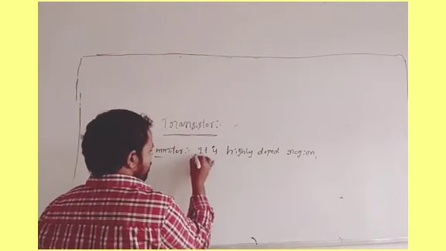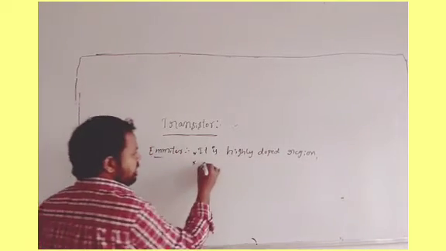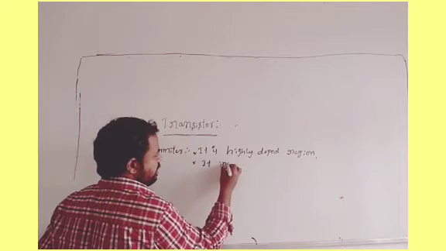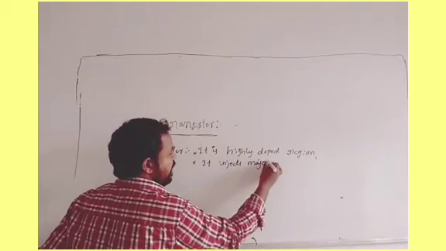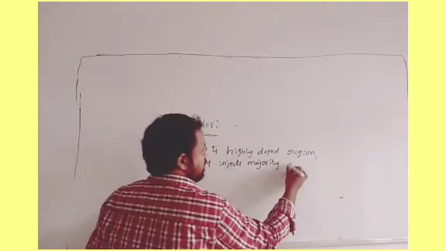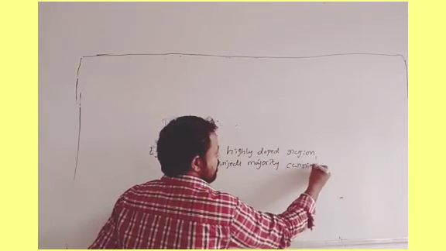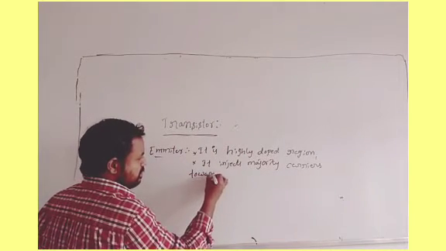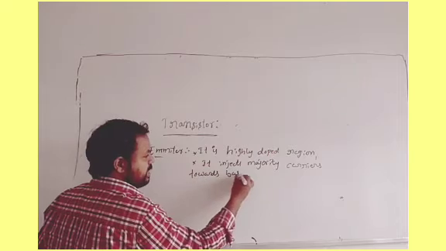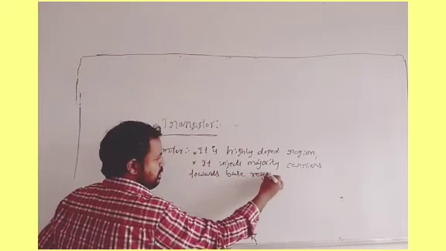What is the actual function of the emitter? It injects majority charge carriers towards the base region.